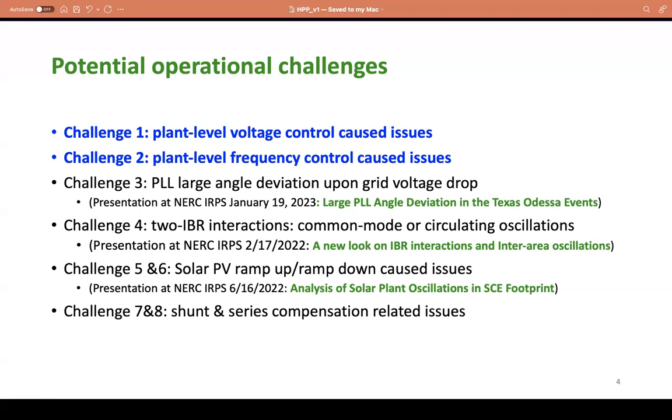The last two are shunt and series compensation related issues, because those capacitors introduce an LC mode on the electrical side. On the solar PV or IBR side there are other control modes, for example phase locked loops, which may interact with each other and cause issues. These are the total eight operating challenges that we have summarized.